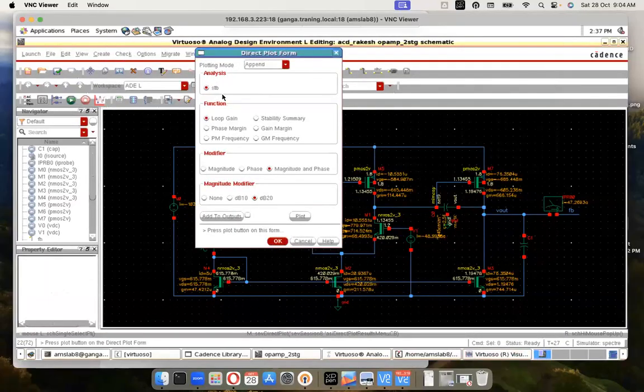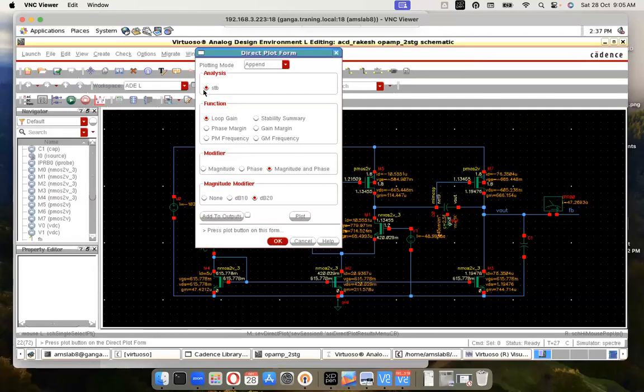Now you see there is only STB listed here because we ran only DC and STB. For a DC, it doesn't really give the DC results in direct plot form. It gives you the STB, or let's say transient, AC, every other result. So here we start looking at the STB results.